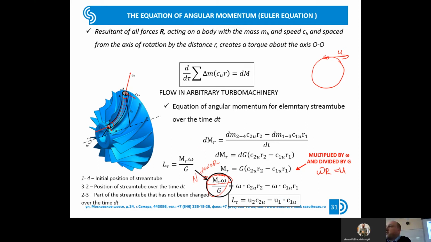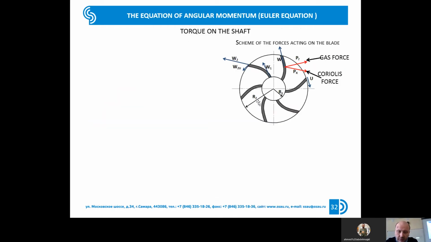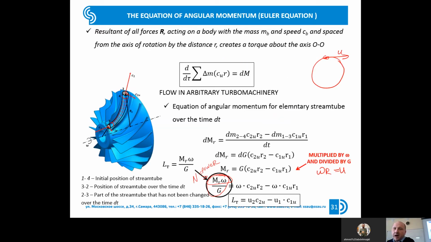These equations are very useful in the theory of turbomachinery. In other words, this formula is called the Euler equation for turbomachinery. It's really very useful in turbomachinery courses, and I think maybe 80% of this course is based on this equation.